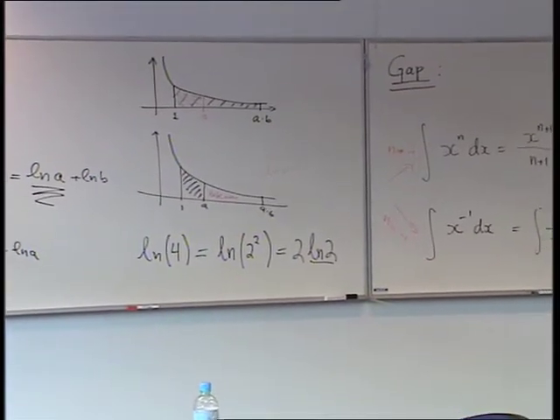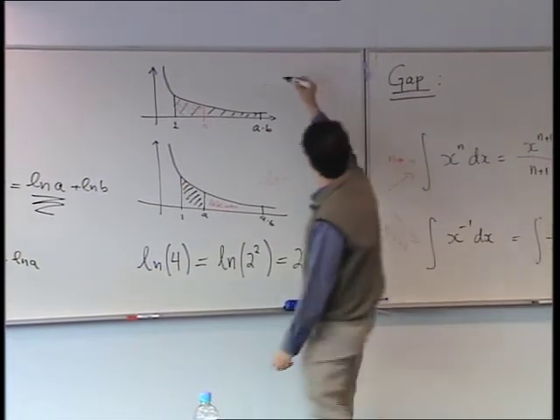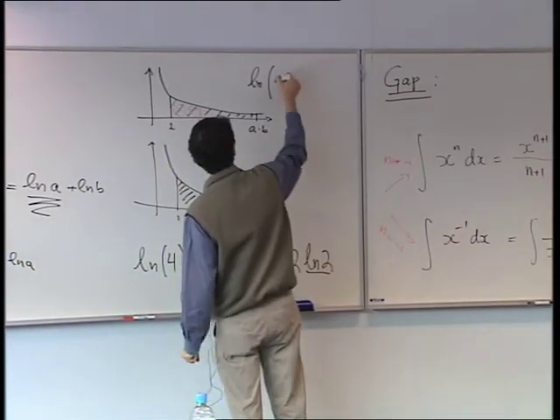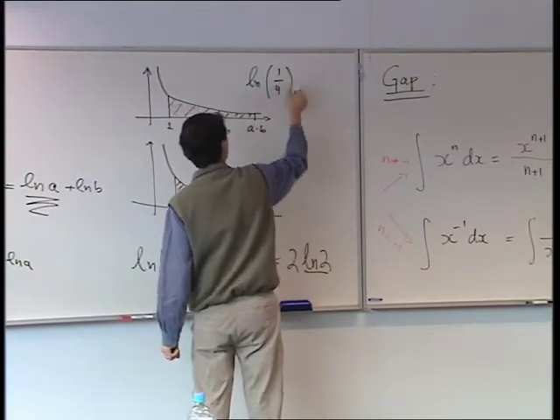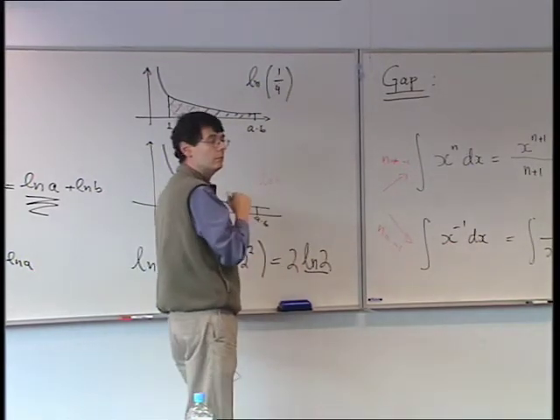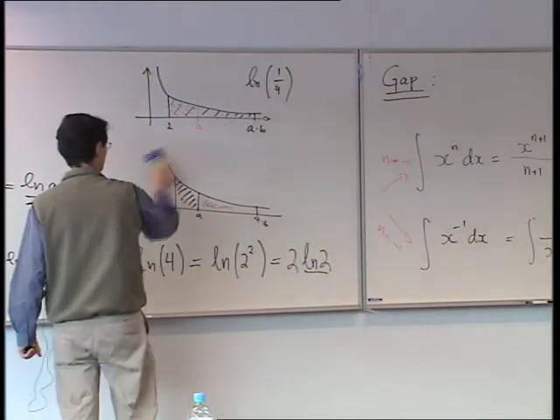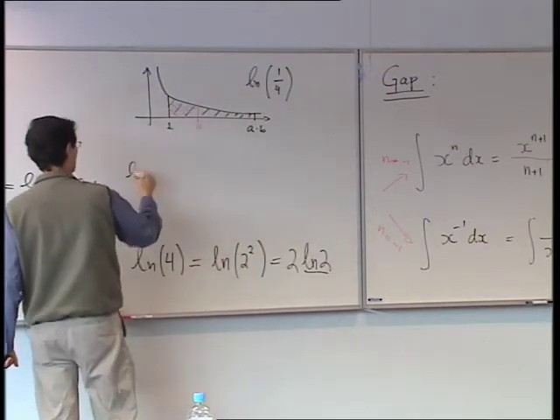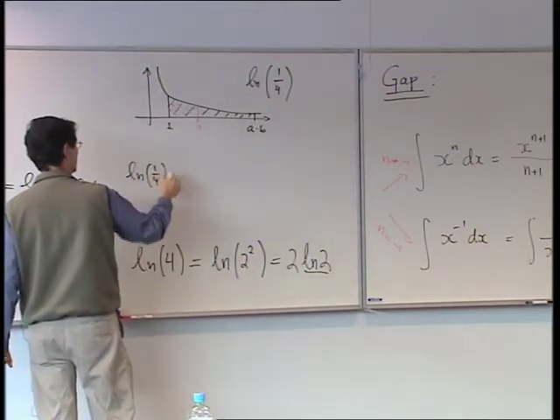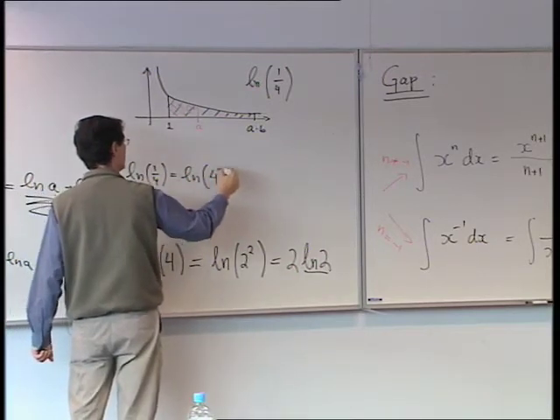If I need to find out log of 1/4, now let's write it not as cramped. Log of 1/4, that's the same thing as log 4 to the negative 1.